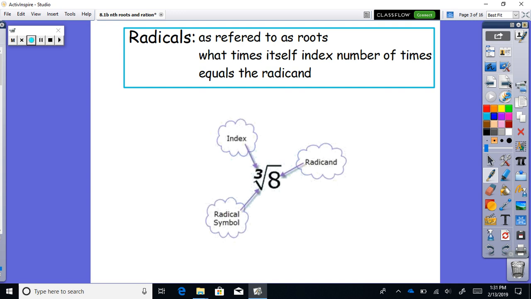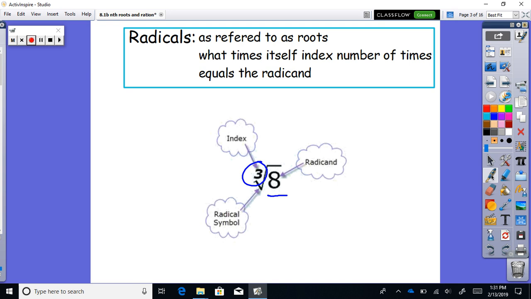This is just a little vocab for you. We call the number under the radical symbol the radicand. And then the small number here is the index. The definition then is: what times itself, index number of times, equals the radicand.